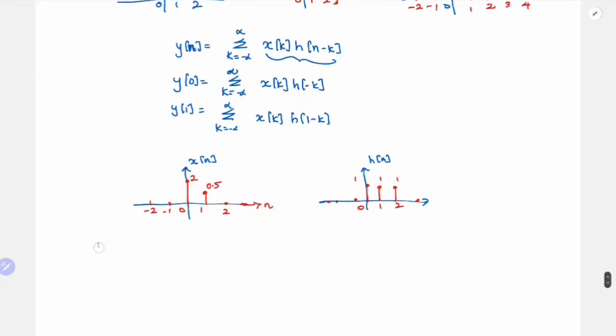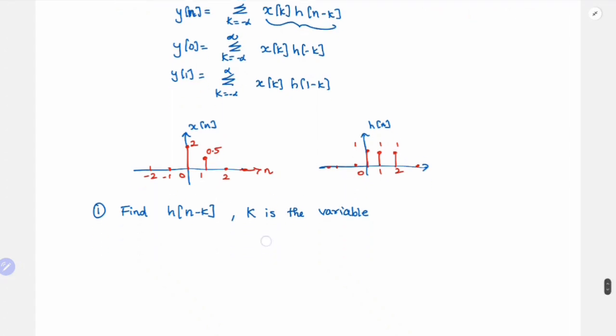So first what we have to do, find h of n minus k. Here k is the variable. Why is k the variable? Because we are going to sum it up from k equal to minus infinity to infinity.